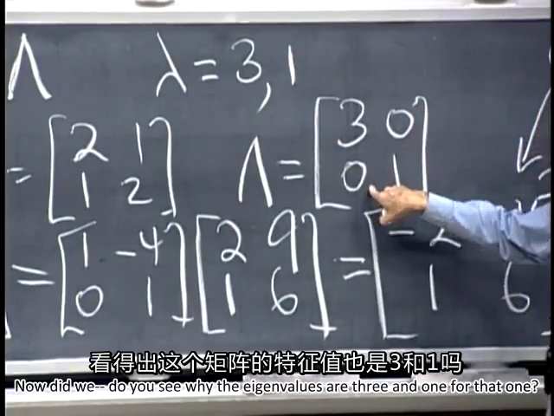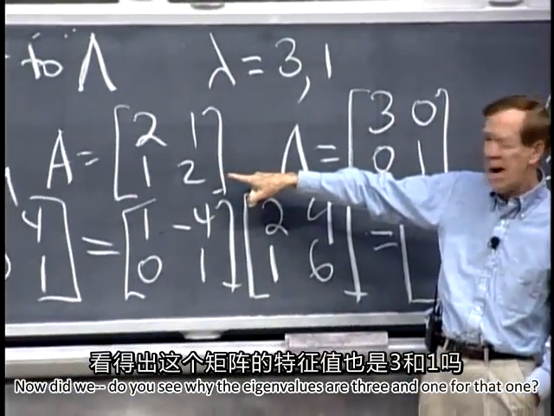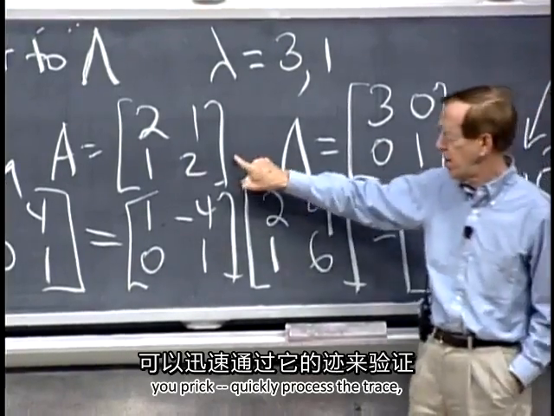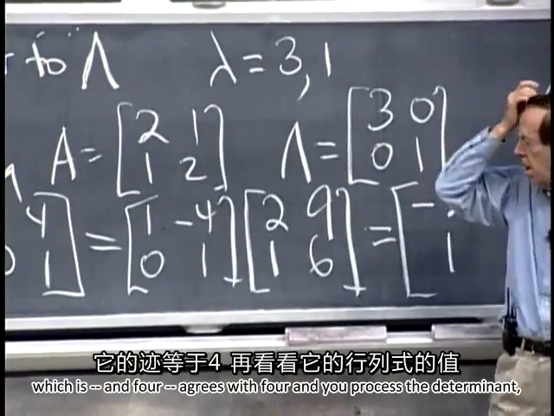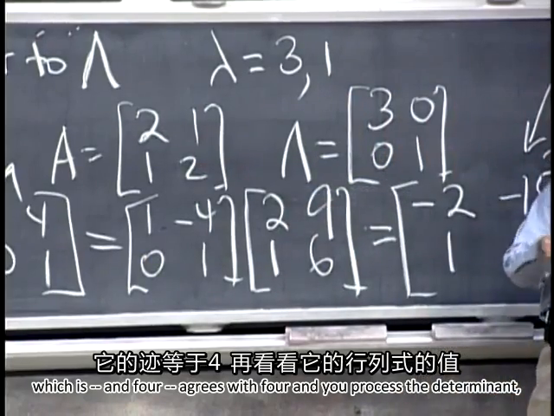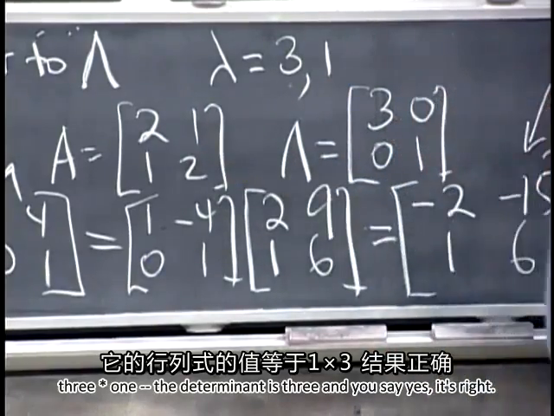For this, for sure. Now, did you see why the eigenvalues are 3 and 1 for that one? If I tell you the eigenvalues are 3 and 1, you quickly process the trace, which is 4, agrees with 4, and you process the determinant, 3 times 1. The determinant is 3, and you say, yes, it's right.